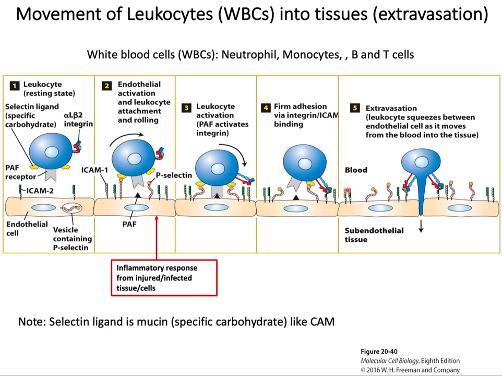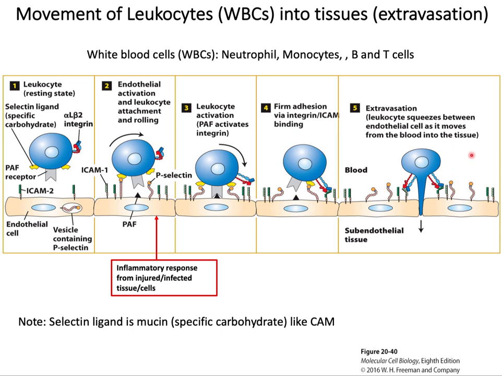This will bring the white blood cell very close to the endothelial cells. Now you can think that this interaction is high affinity, a trapping with a stronger force anchor compared to the weaker anchor by P-selectin alone when the leukocytes were rolling.